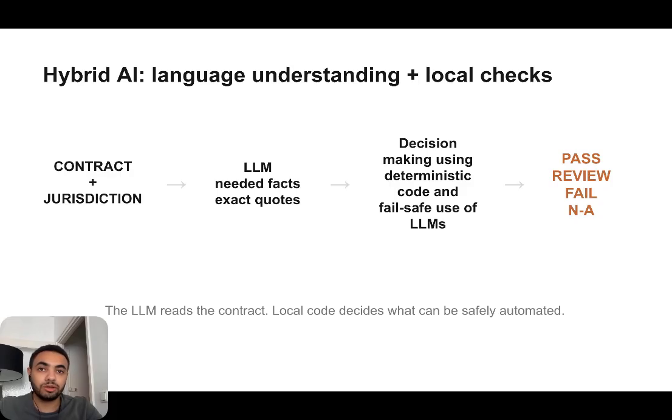For example, if it's unsure about its answer, it always gives a review. Or if we notice that the LLM is hallucinating some pass criteria or review criteria or any criteria, then we also classify it as a review. So we take the output from the LLM and validate it before moving on to the next step, which is making a decision about each rule, whether it's a pass, fail, needs review, or not applicable.